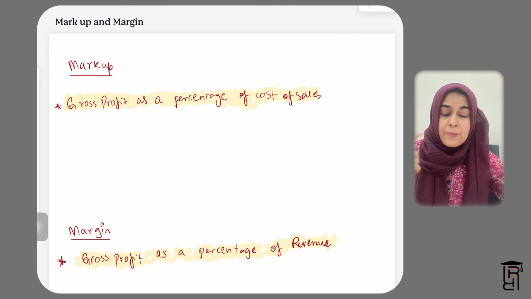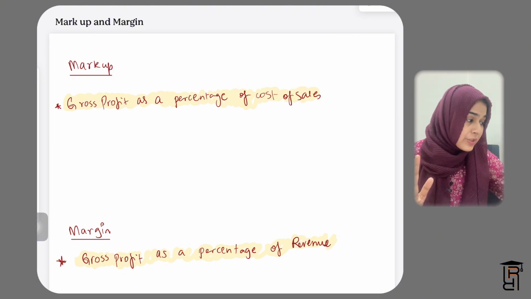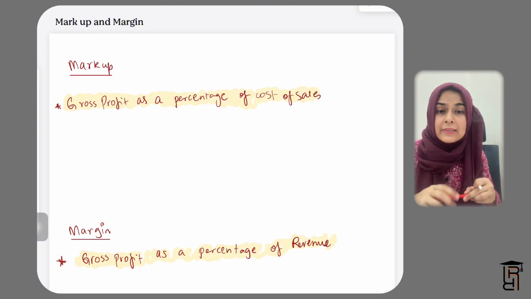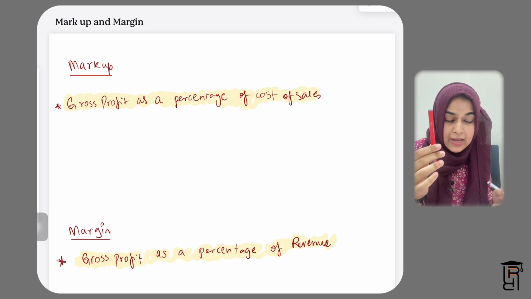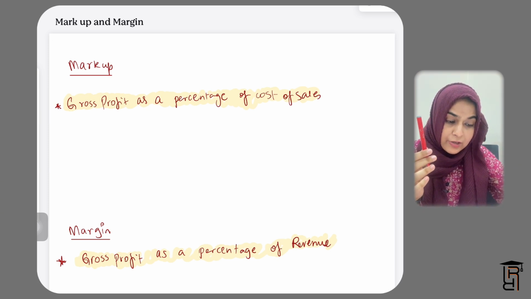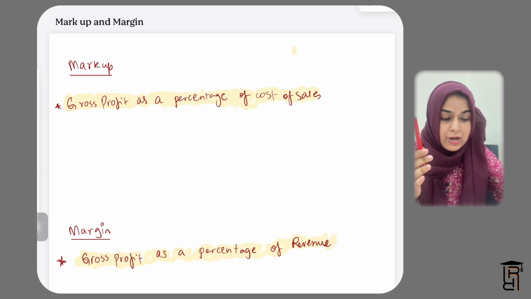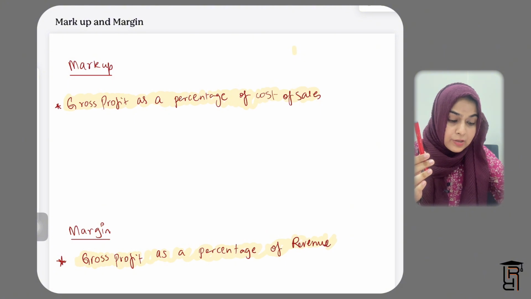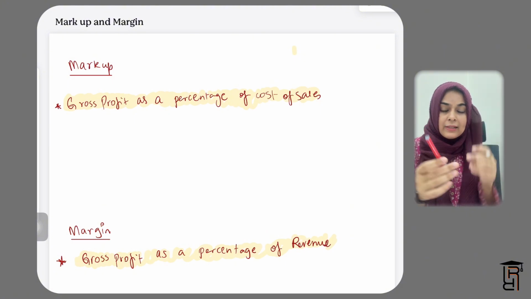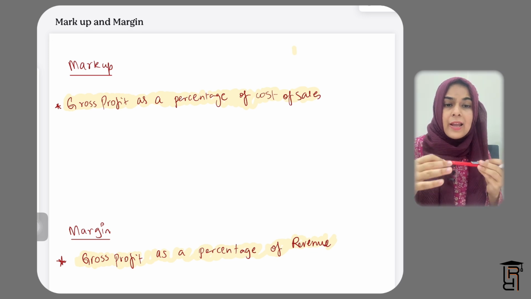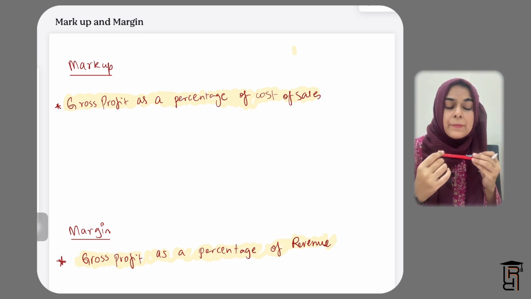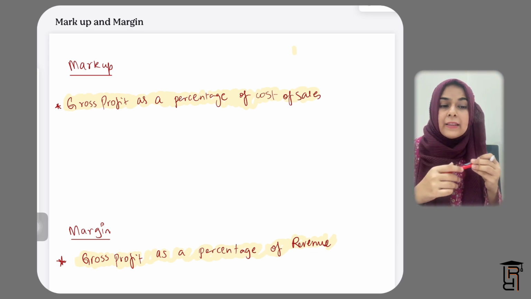For markup, I always tell my students that, let's say this is a pen, and this pen I got for 100 rupees. So 100 rupees is the rupee value of this pen, and I purchased this for 100. I am selling these pens, and this is my business.